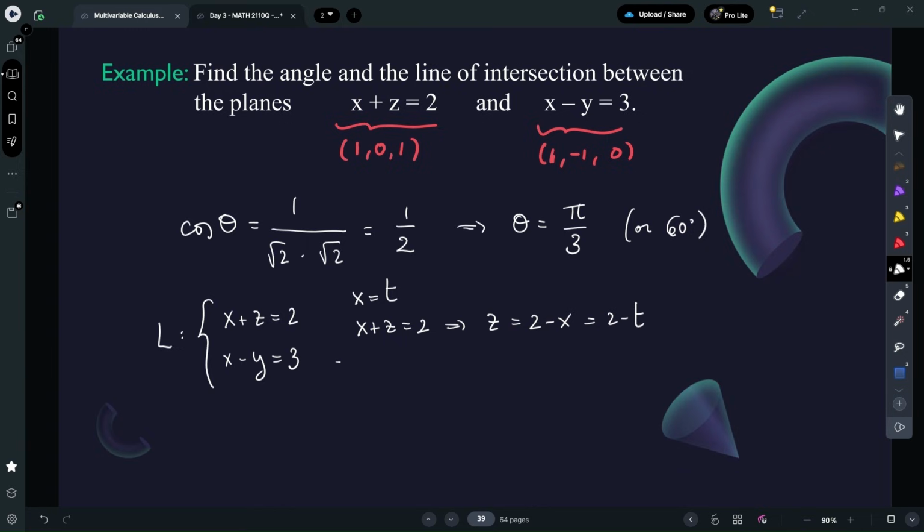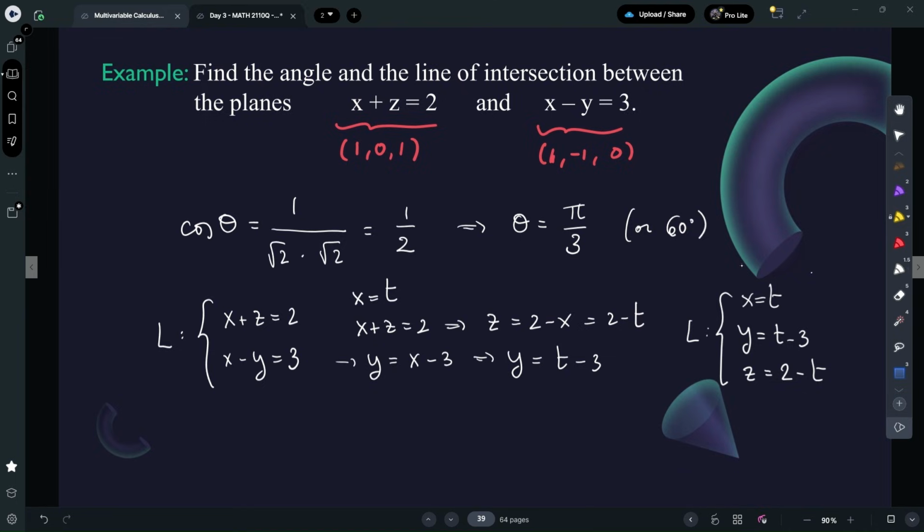And this last equation tells me that y is x minus 3, or that y is t minus 3. So all in all, the line is given in parametric equations as x equals t, y equals t minus 3, and z equals 2 minus t. So this is the line of intersection in parametric form.